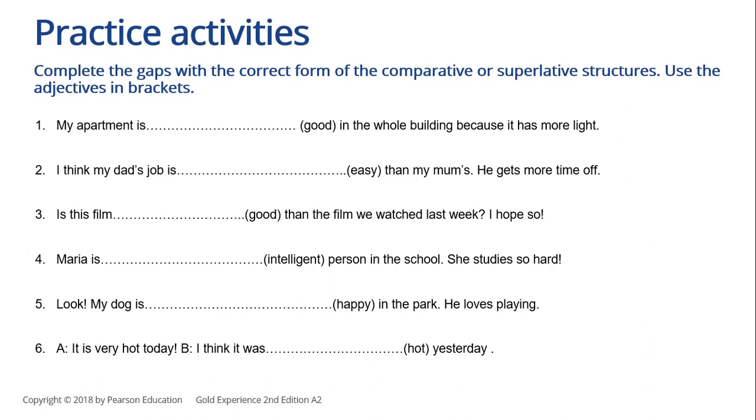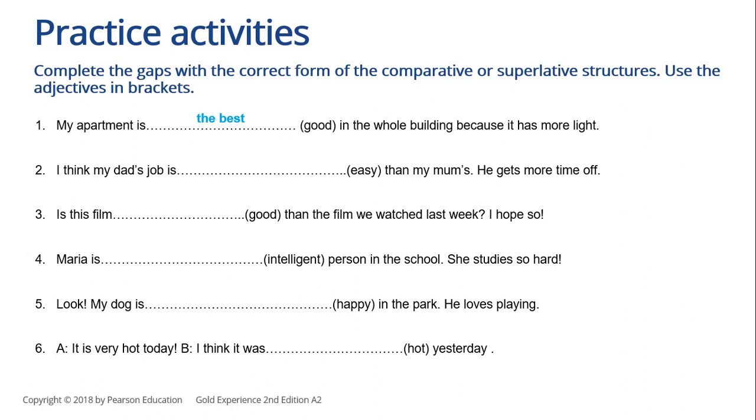Now, are we comparing two objects or one thing with a group of objects? Yes, we're comparing one thing with a group of things. So we need a superlative. Alright, so what is the superlative of good? Good, better, the best. My apartment is the best in the whole building because it has more light.